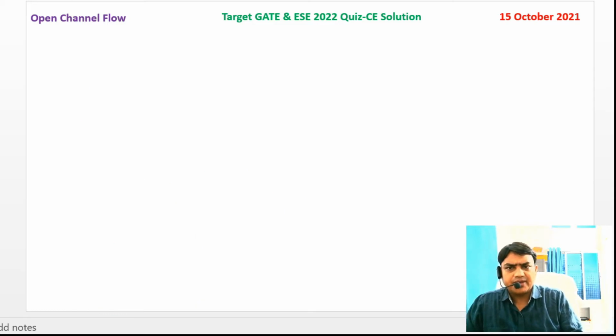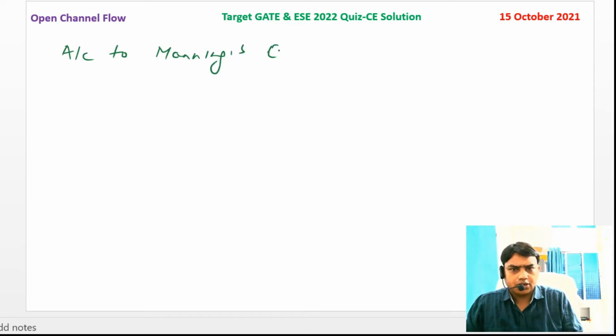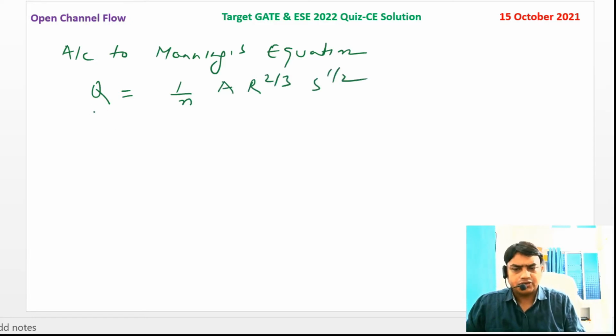Now if I apply Manning's equation, in terms of discharge we can write Q is equal to 1 by N A R to the power 2 by 3 S to the power half, where Q is the discharge, N is the Manning's roughness coefficient, A is the area of the channel, R is the hydraulic radius, and S is the slope.